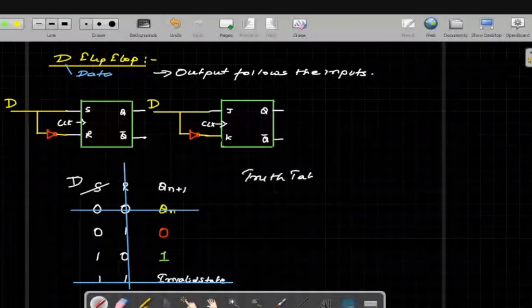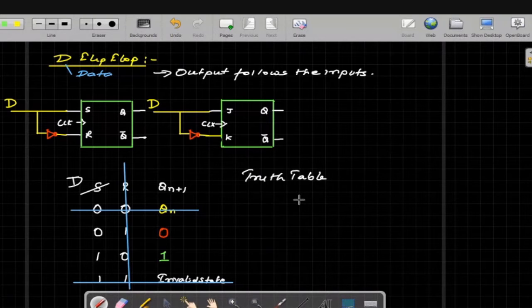So now we can write the truth table for the D flip-flop, and of course in the presence of clock. Let me take clock, then the D input and the present output. Without clock, if we assume anything, it doesn't make any sense.